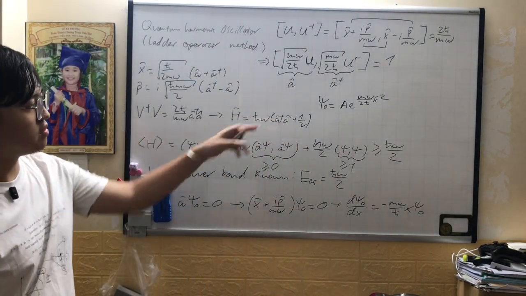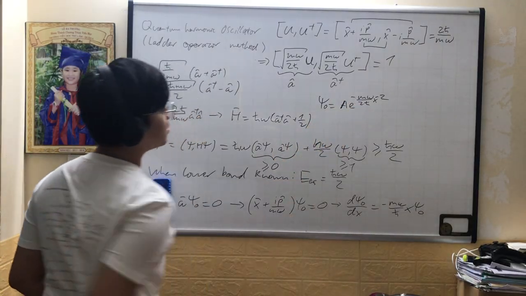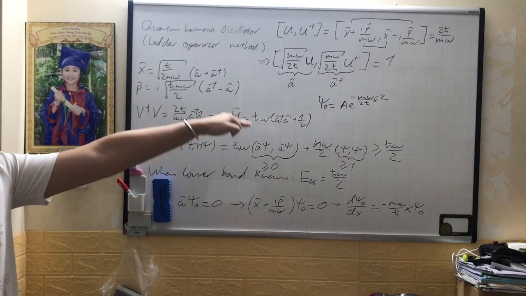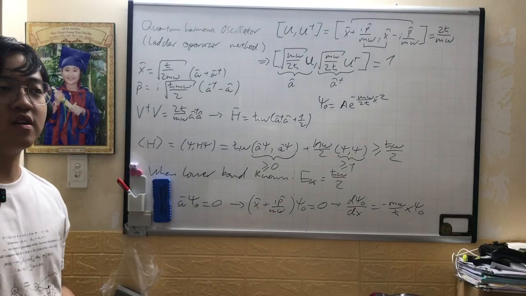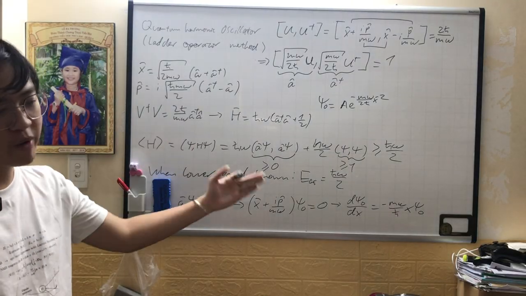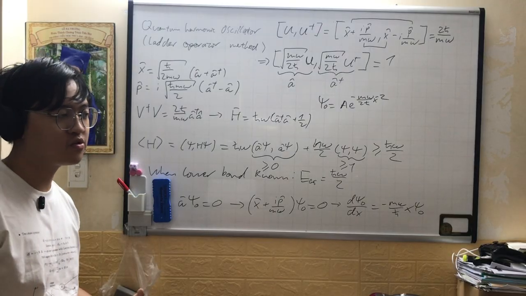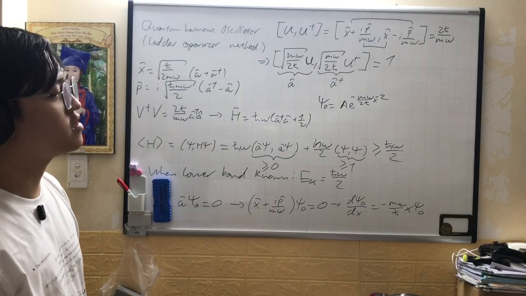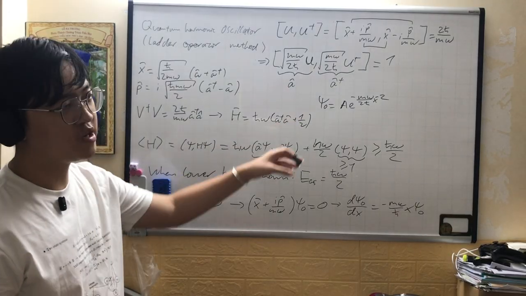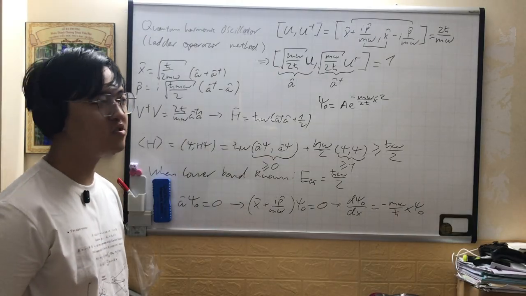And you see that this is exactly the same as what we found when using the number method, but way faster, right? The last time we had to do all sorts of stuff just to get what we need, which is minus u squared over 2.